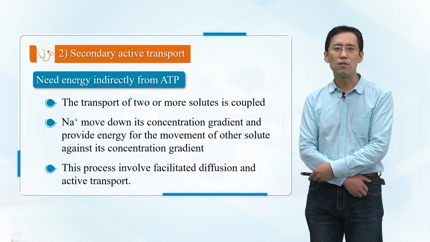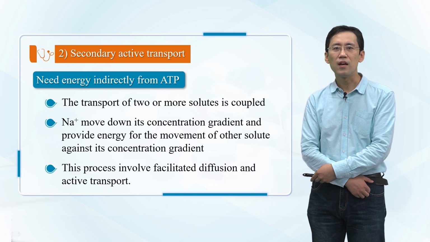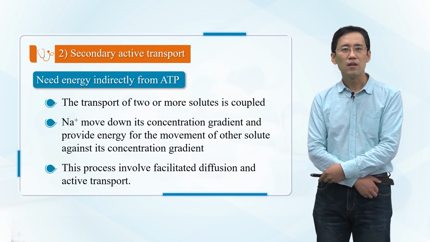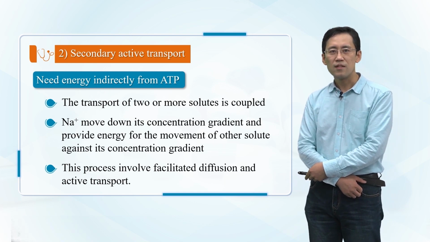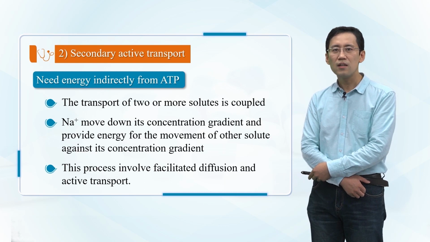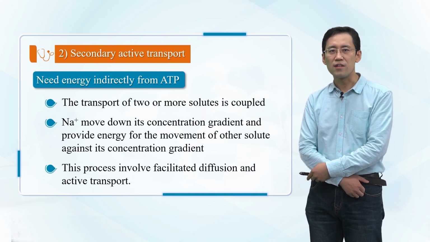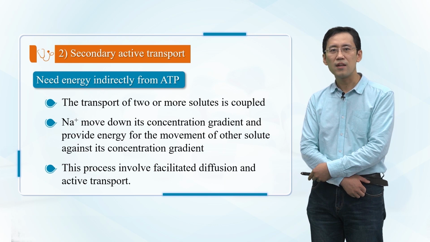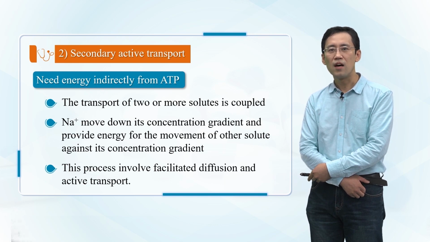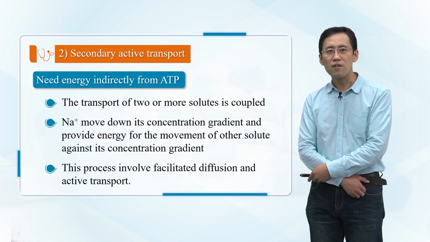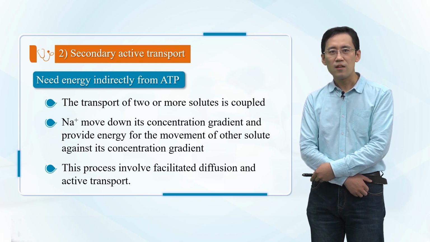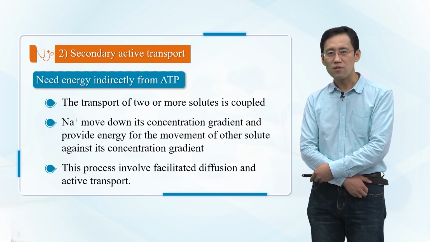The secondary active transport needs energy indirectly from ATP. The transport of two or more solutes is coupled. Most often, sodium moves down its concentration gradient and provides energy for the movement of other solutes against their concentration gradient. We know the gradient for sodium comes from the consumption of ATP energy.